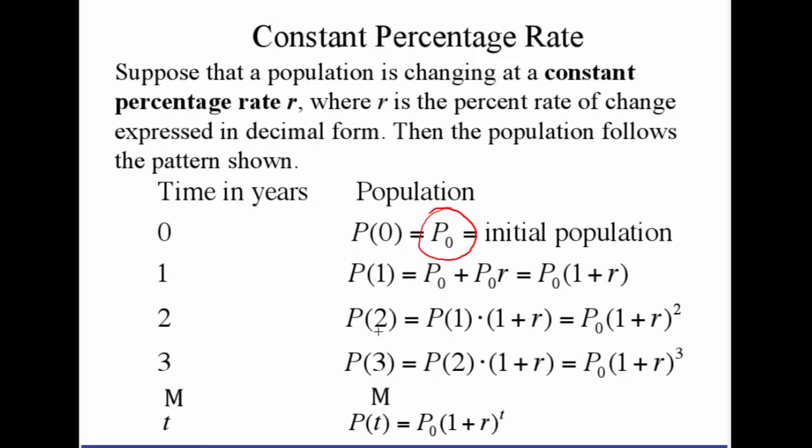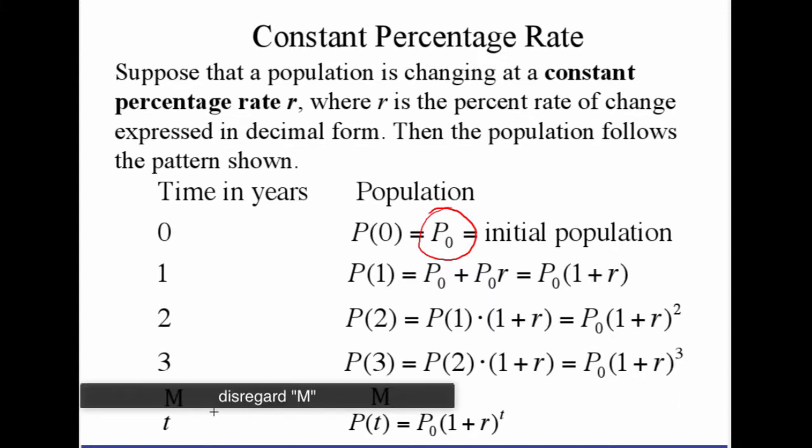P of 2 is P of 1 times the quantity 1 plus R, so we have P naught times the quantity 1 plus R squared. When time is 3, it's cubed, and so on. So after t years, P of t equals P naught times the quantity 1 plus R to the t power. That's the generalization of this behavior.